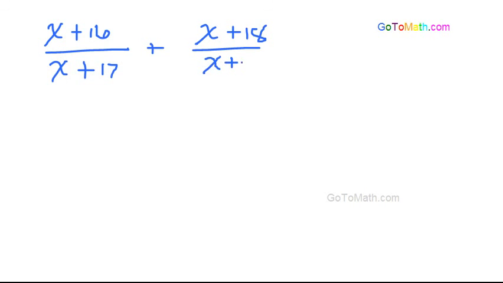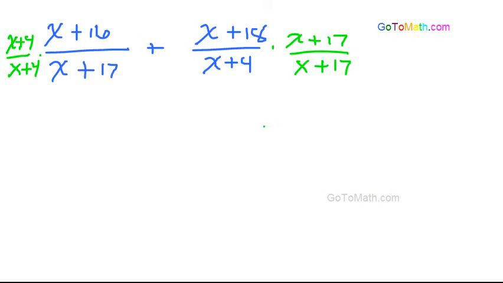All right, so the idea here is we want to get a common denominator. We're going to put x plus 4 over x plus 4 on this side, and over here, because we have an x plus 17, we're going to write x plus 17 over x plus 17.